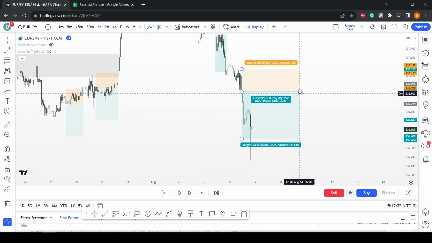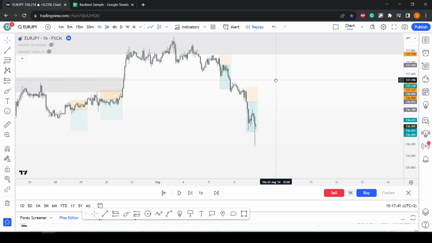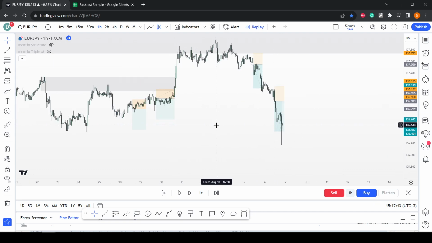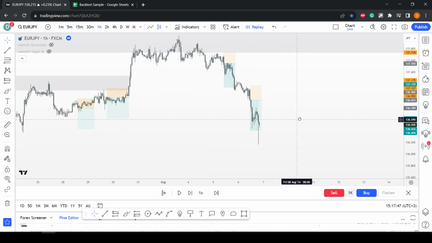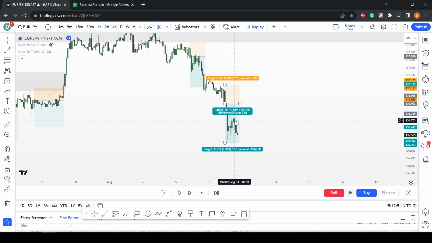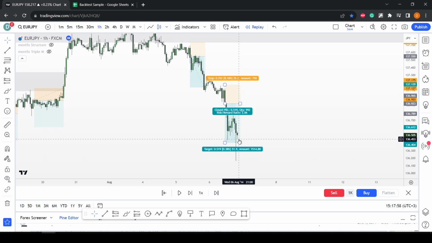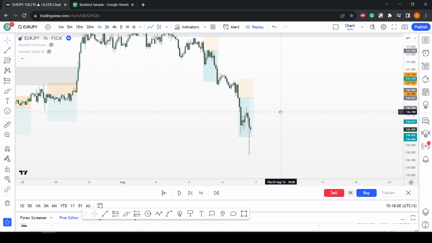Okay, so this is one more to our winners, and now we are looking at taking the daily lows. And what we have here is another impulse correction, possible impulse. However, it went down already and snapped back, so I'm not really sure.